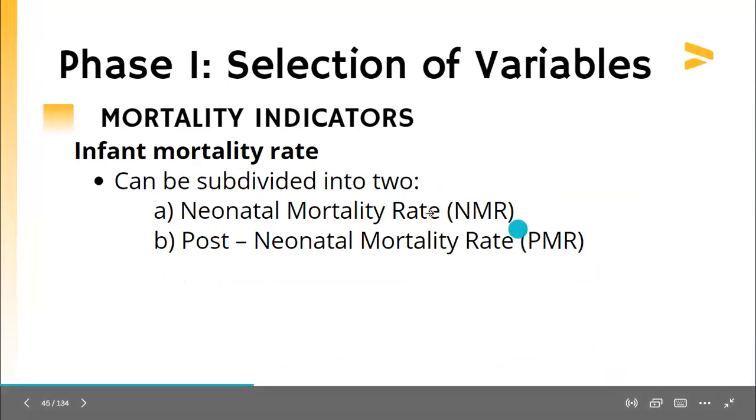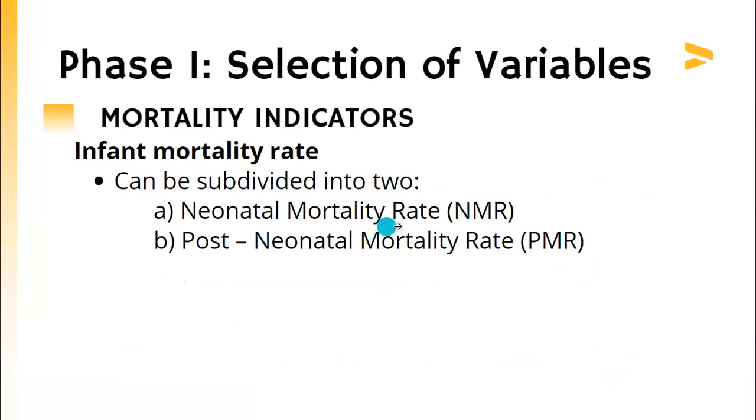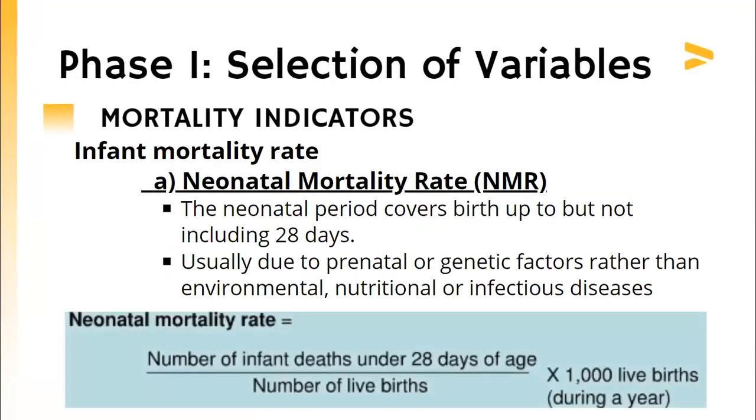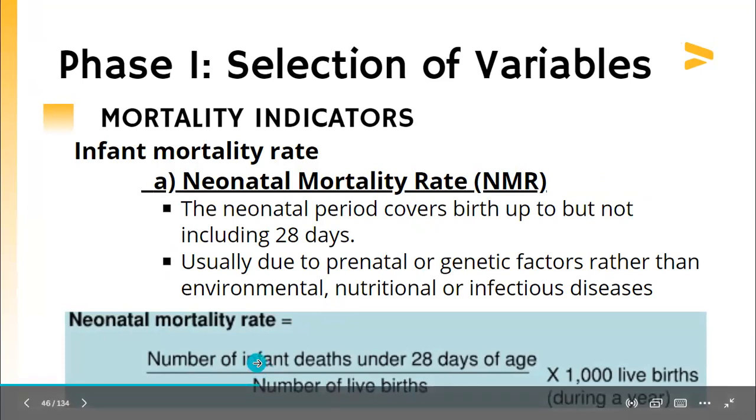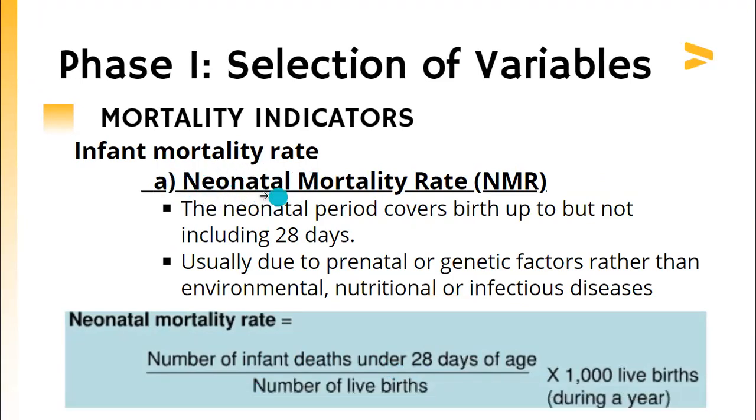This can be divided into neonatal mortality rate and postnatal mortality rate. Neonatal mortality rate is computed from the number of infants under 28 days of age, because the age of neonates is considered to be less than 28 days. The deaths occurring in neonates are usually due to prenatal or genetic factors, so inborn diseases.